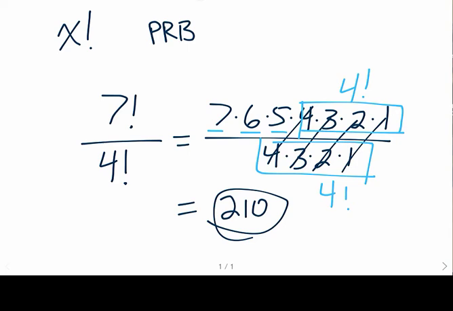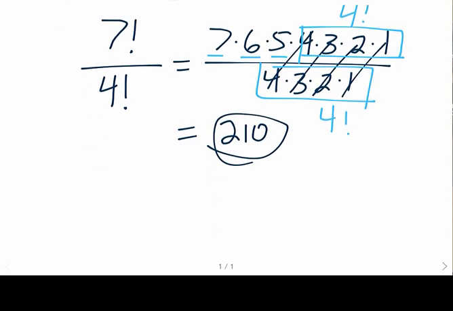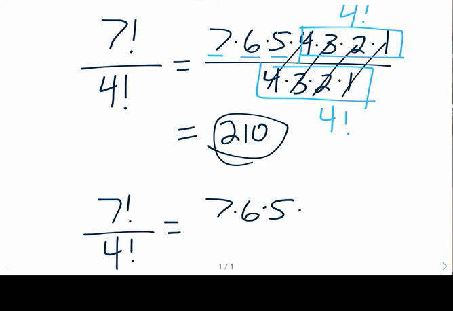So if we want to reduce the writing and cut to the chase of what's really going on, 7 factorial divided by 4 factorial could be represented by 7 times 6 times 5 times all the rest of them, which is denoted 4 factorial, and then in the denominator, 4 factorial, and you have less to divide out, right? It's of course the same result no matter how you write that.